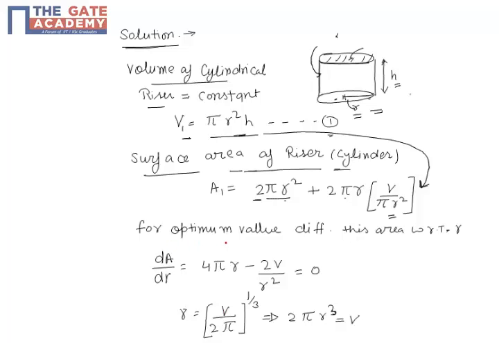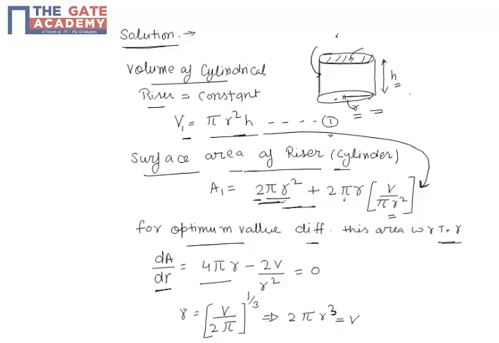For the optimum value of the solidification time, I have to differentiate this area equation with respect to r. So I have just differentiated this area equation with respect to r here. The differentiation of 2 pi r square is equal to 4 pi r.